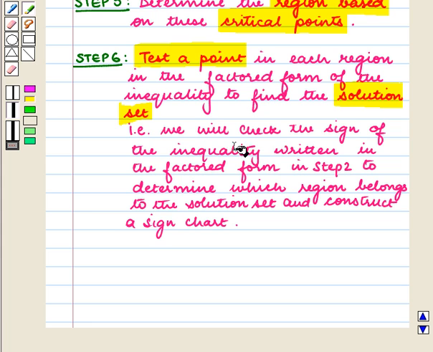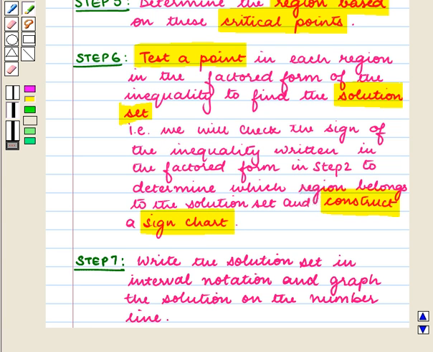That is, we will check the sign of the inequality written in the factored form in step 2 to determine which region belongs to the solution set, and construct a sign chart. Step 7 is to write the solution set in interval notation and graph the solution on the number line.